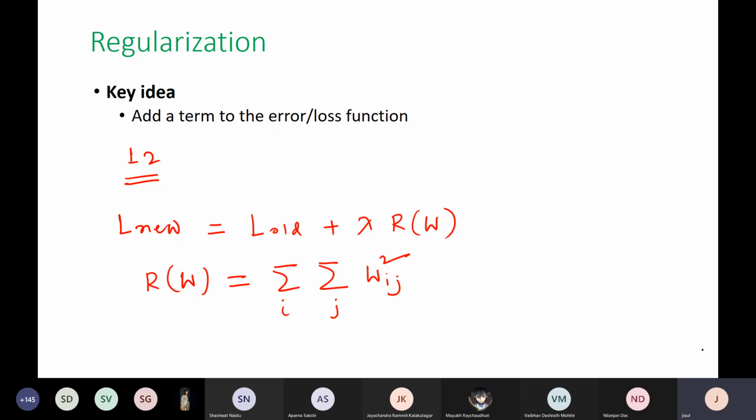In the previous case it was the sum of the magnitudes of these weights. In this case it is the sum of squares, just to avoid the smoothness issue that we had in the previous case, where you are taking the absolute values and so on.